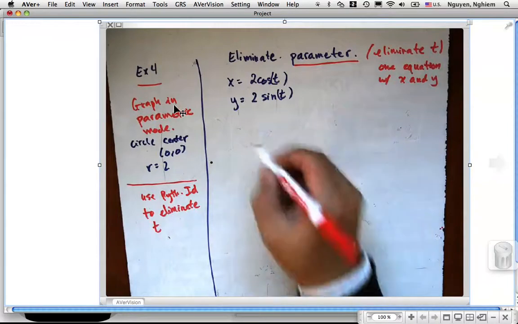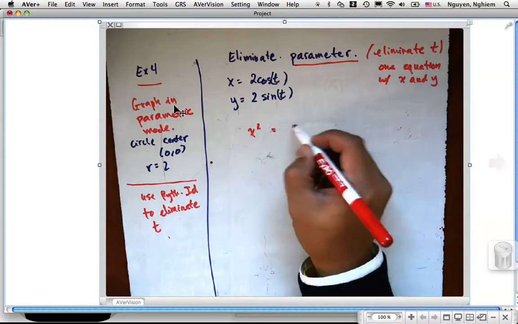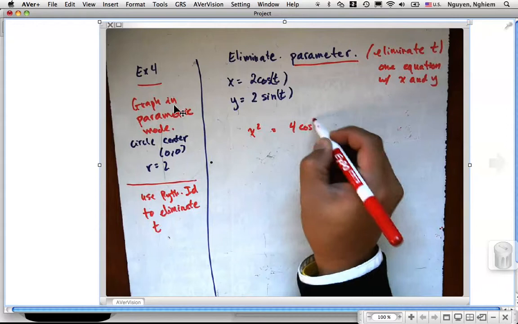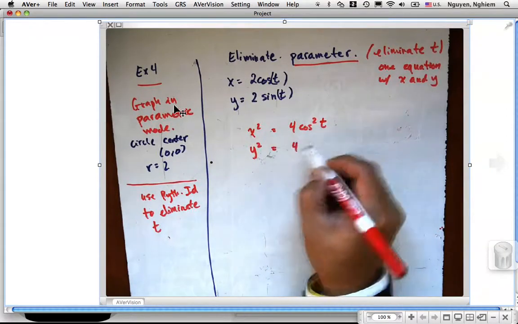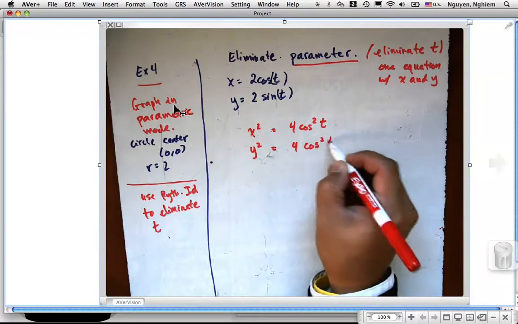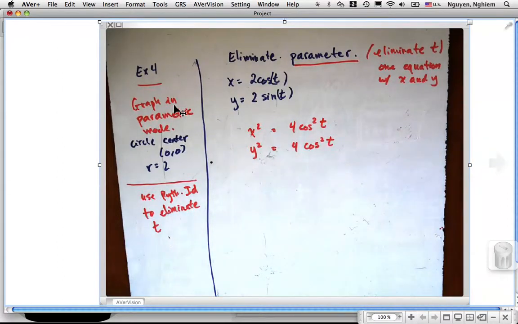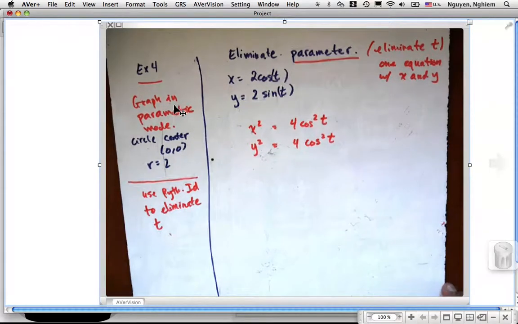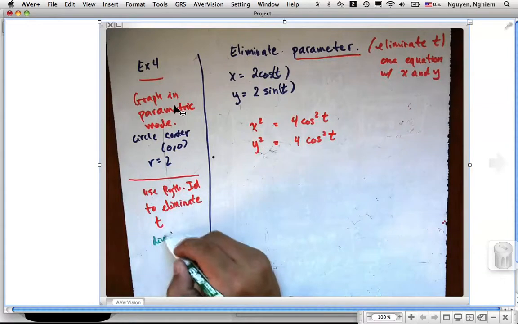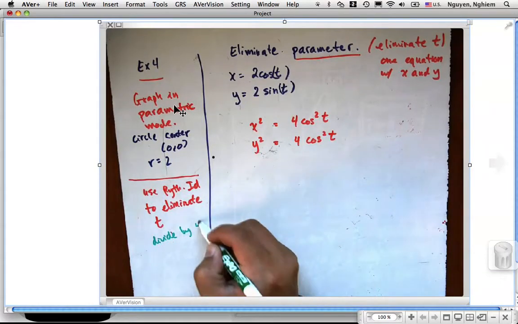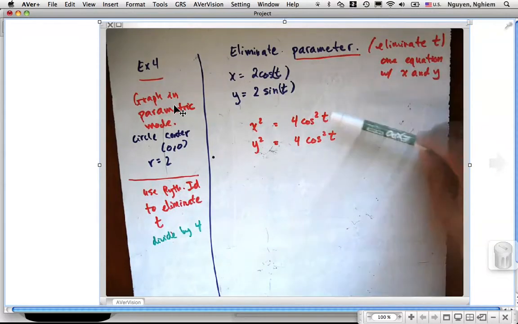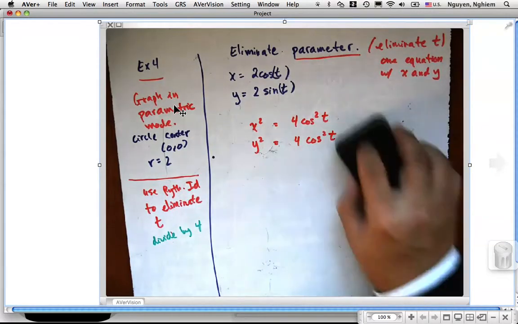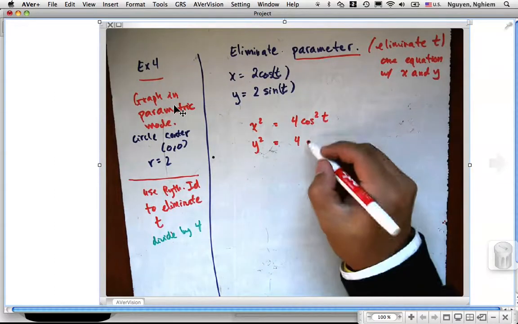So I'm going to square both sides. I get x squared equals 4 cosine squared t, and y squared equals 4 sine squared t. Oh, I made a typo here: this should not be cosine squared, this should be sine squared t.